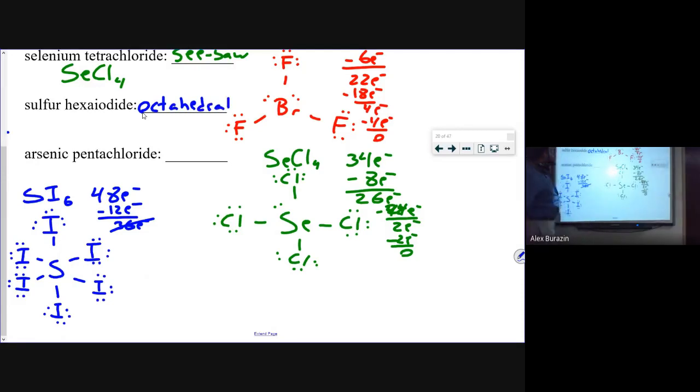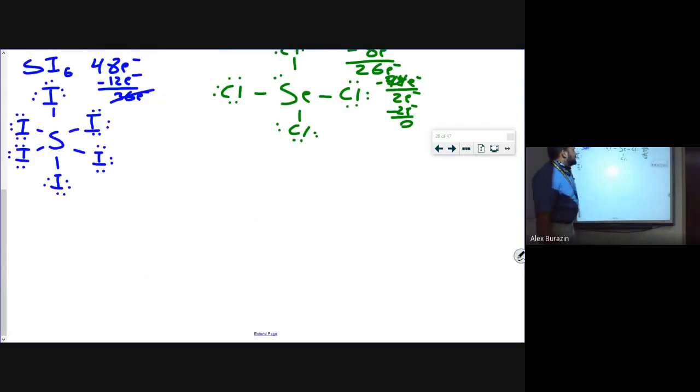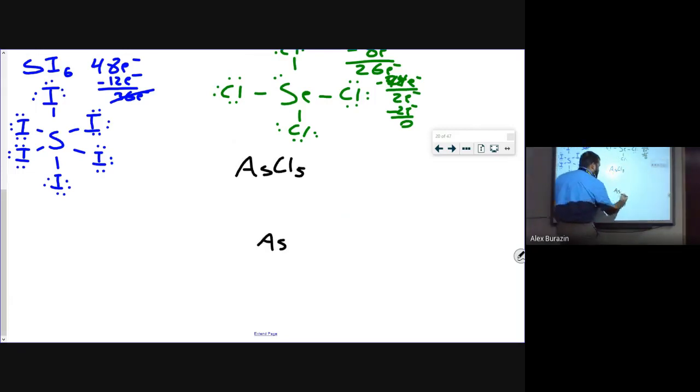And we got one more, arsenic pentachloride, which is AsCl5. And I'll scroll down, make some space for myself, and go through this one. Arsenic's in the middle.